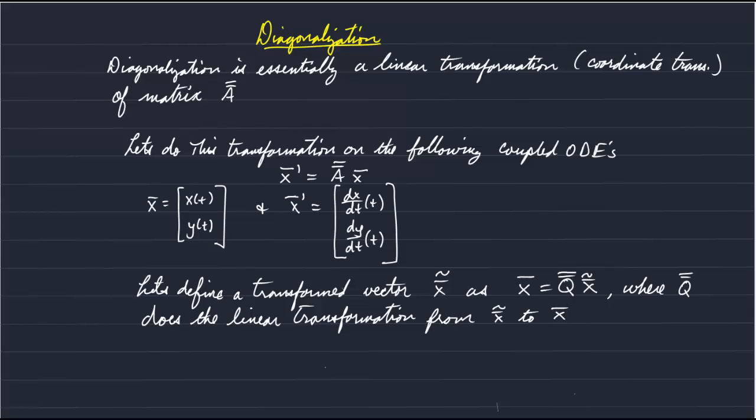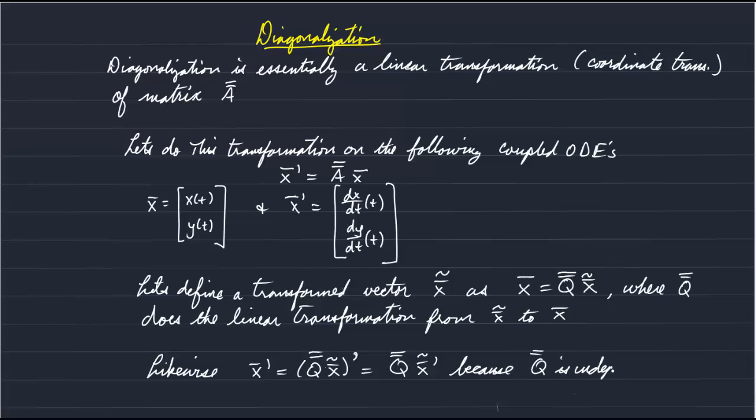And so likewise, x prime, the time derivative on the left-hand side of the equation, is equal to q times x tilde prime, because q is independent of t.